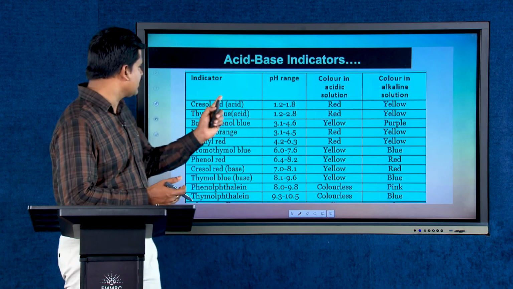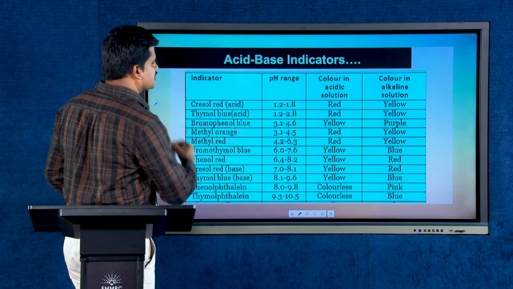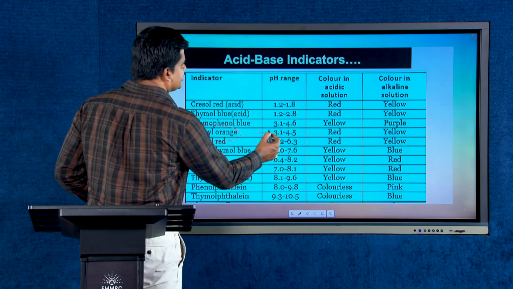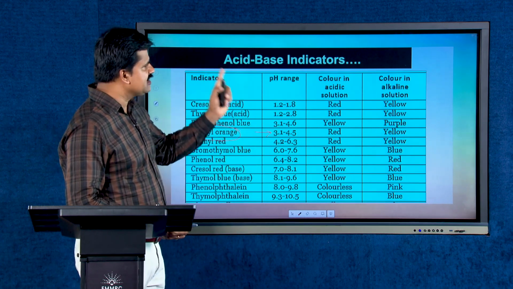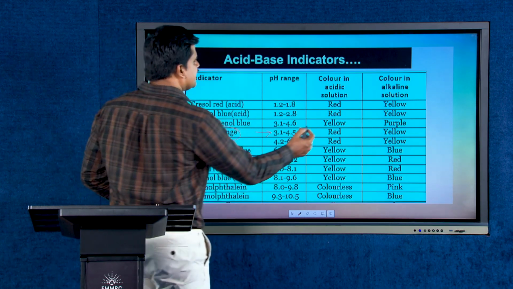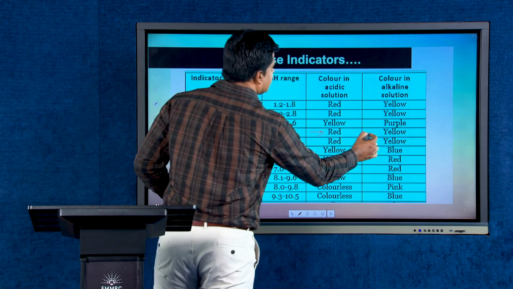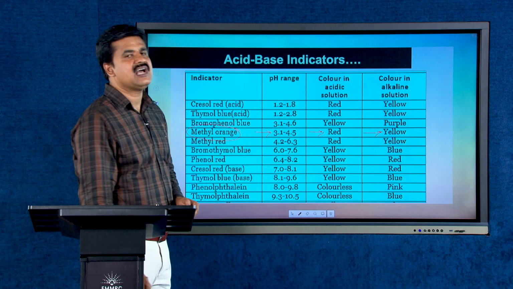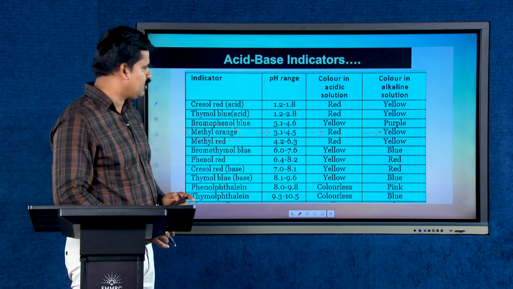They are also included in this chart, and methyl orange has a pH range of 3.1 to 4.5. It is red in acidic solution and yellow in alkaline solution. So the color change is between red and yellow.